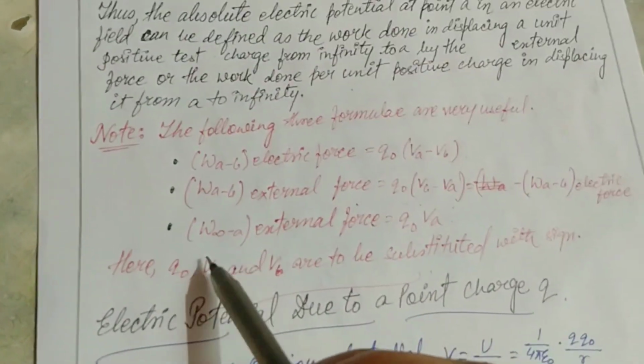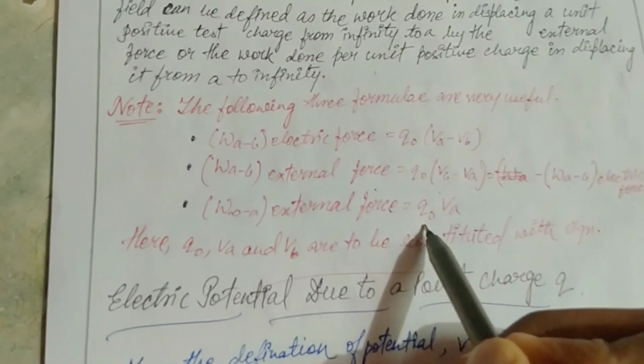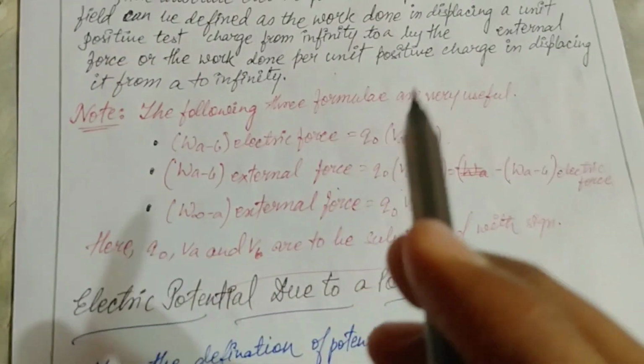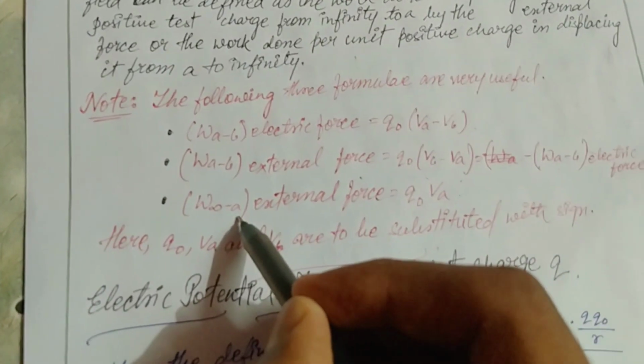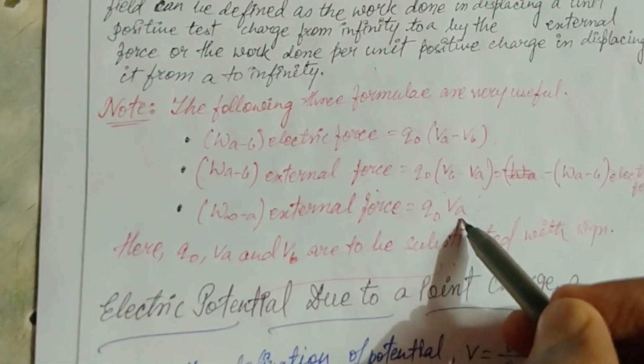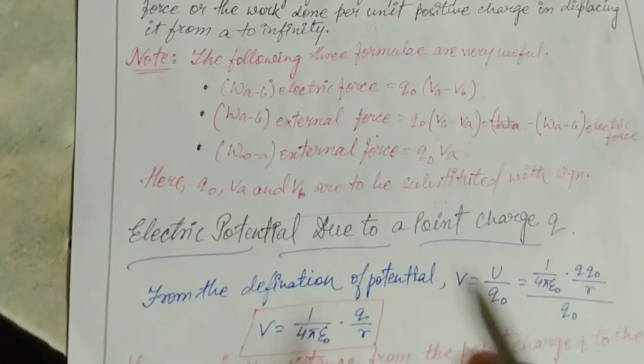The work done from infinity to A by the external force is equal to q naught VA. Here, when it's infinity, we neglect it and only take A, so we take q naught VA. If it would be anything else, then we would take VA minus VB.